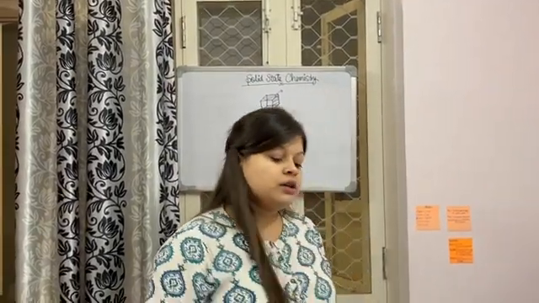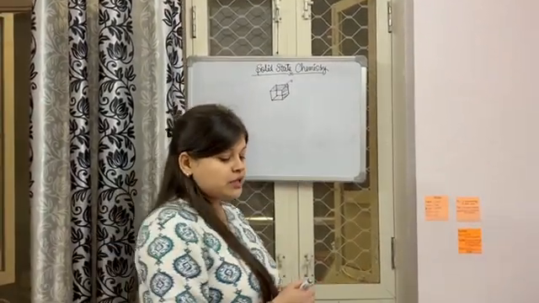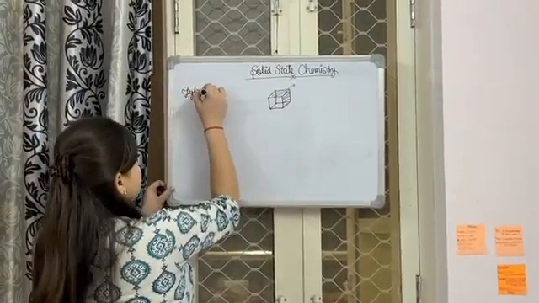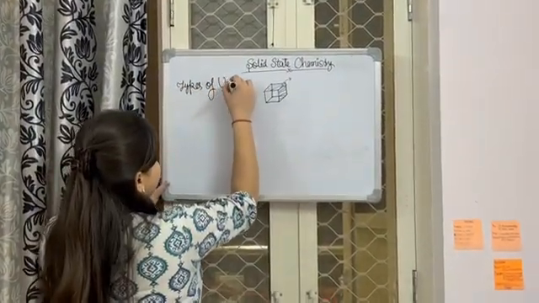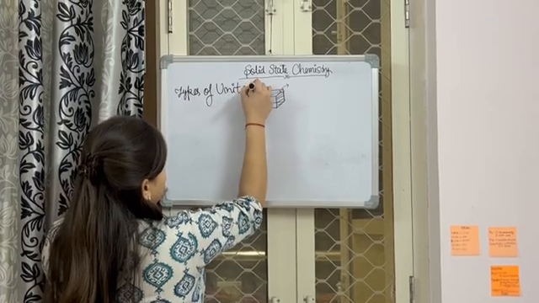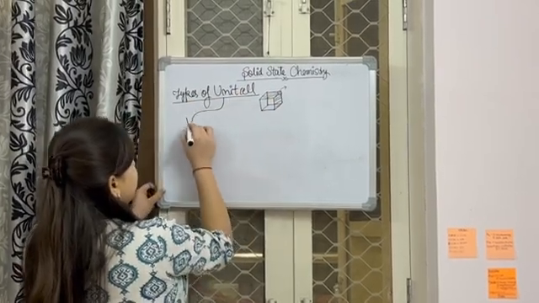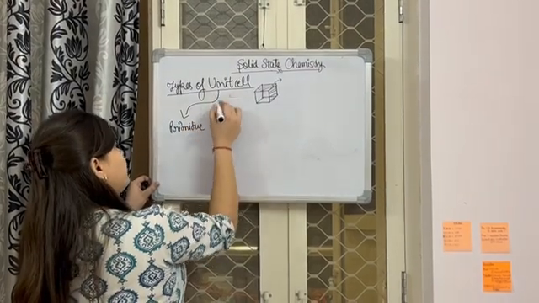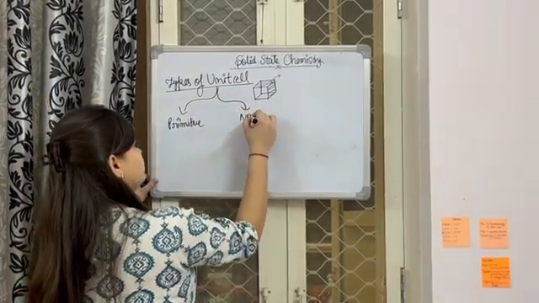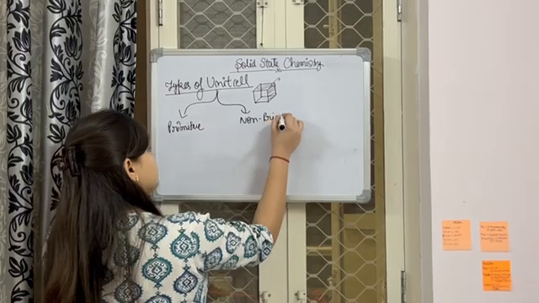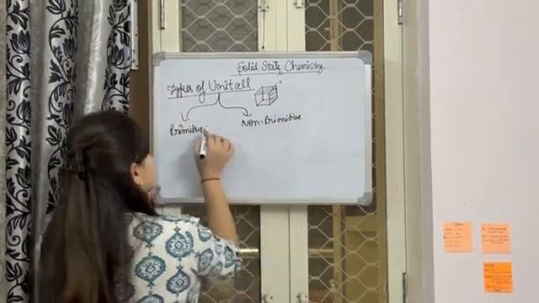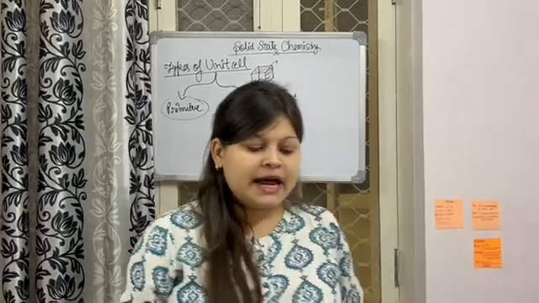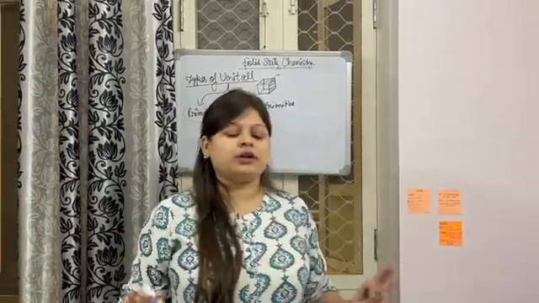Okay, so second is the type of unit cell. There are two types of unit cell: primitive and non-primitive. When we talk about the primitive unit cell, it means all the lattice points are present at the corners only.